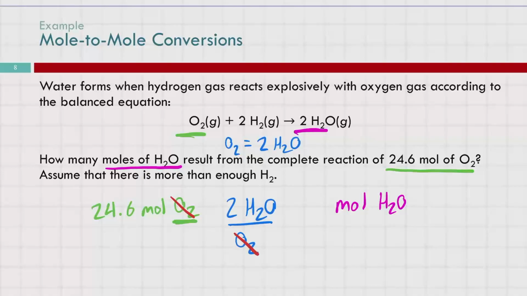If we multiply by 2 H2O over O2, the O2s will cancel out, and we'll get 49.2 moles H2O.